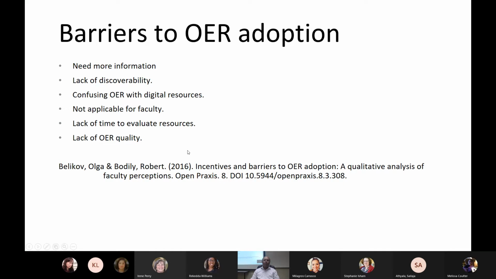One of the barriers: sometimes if you're looking for information for your textbook or courseware or article or journal, most of the time you need more information. This is a barrier. What you get is not enough for your course. The OER source doesn't contain all the information that I need.